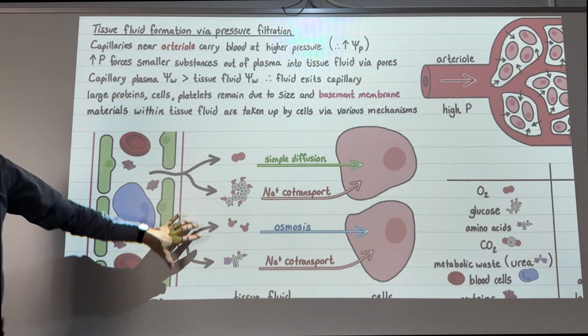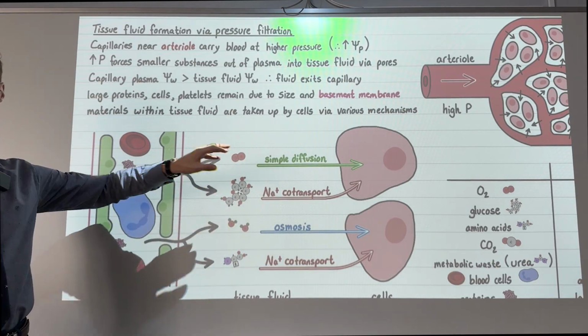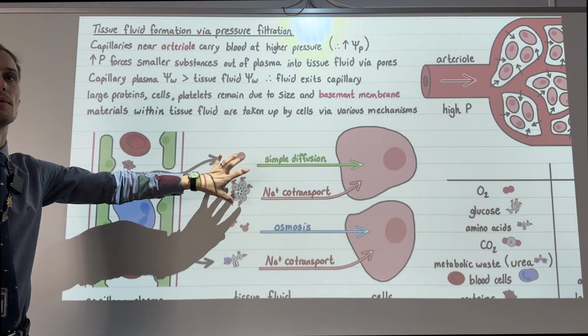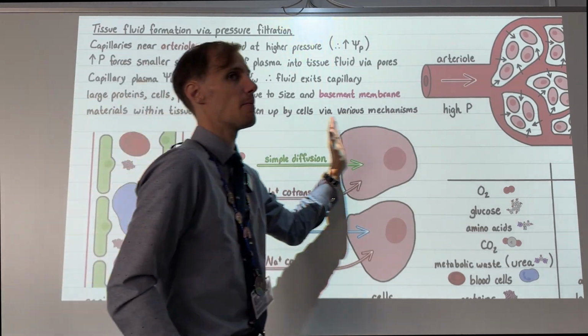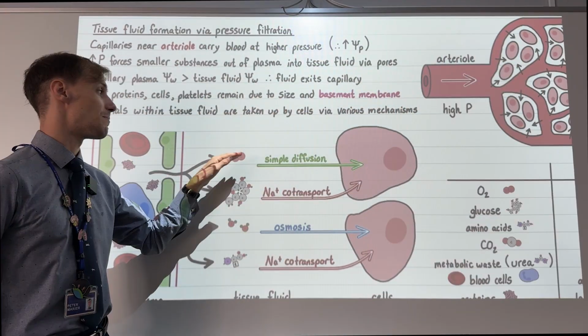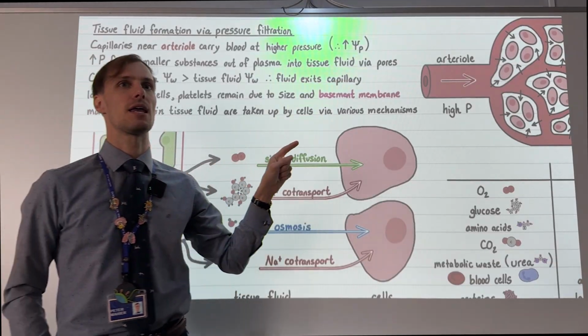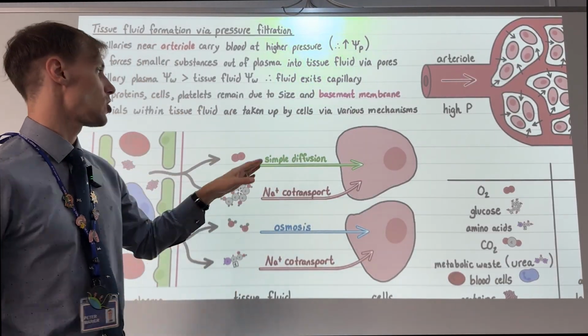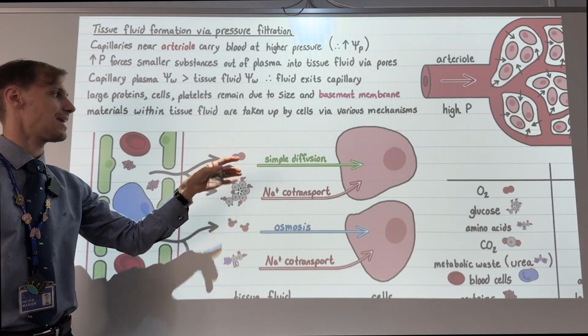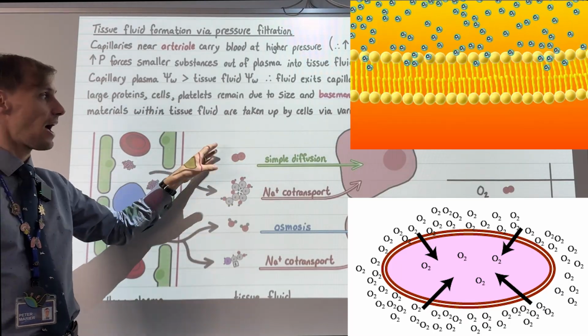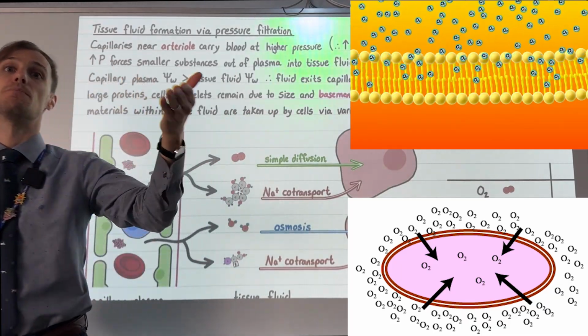So, okay, now all of this stuff is in the tissue fluid. From the tissue fluid, they're going to be taken up by the cells of that tissue. Depending on the properties, the mechanism by which they're taken up is going to differ. If I want to take in oxygen, that is, as we've discussed, through simple diffusion.